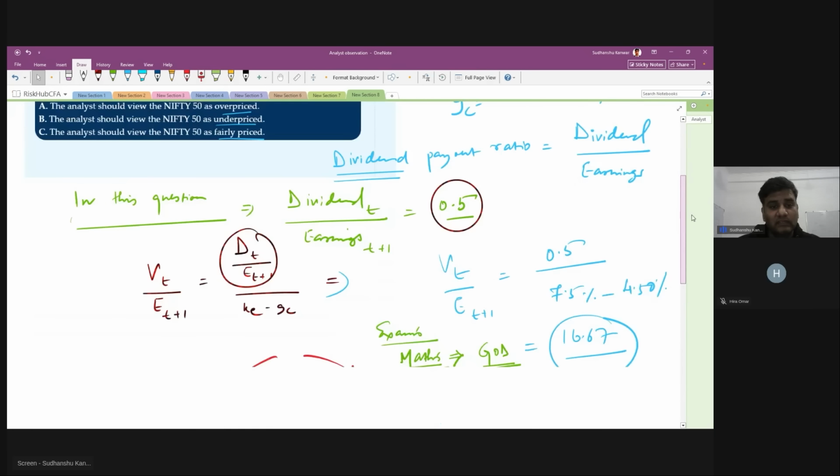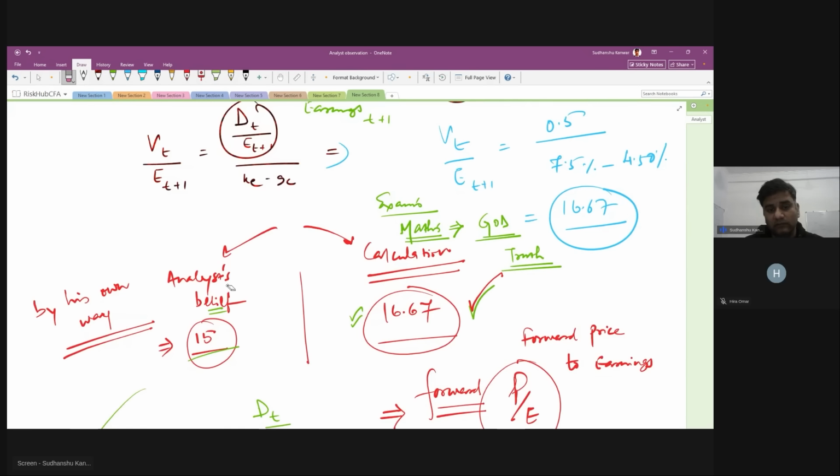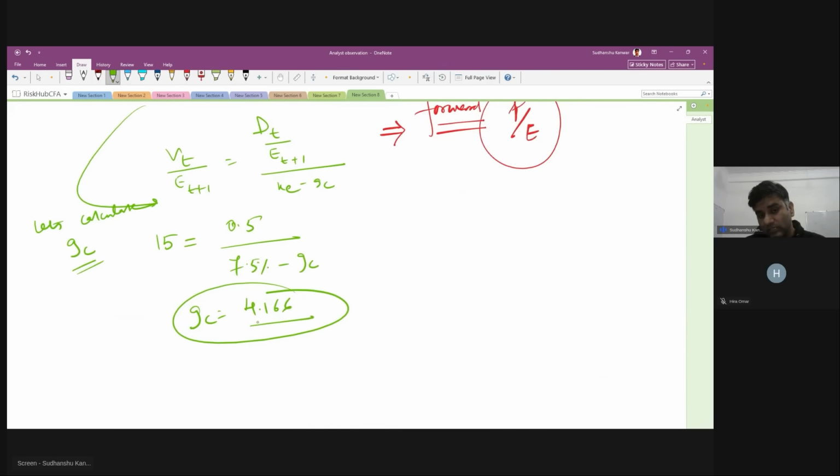I should not write belief, I should write observation, I think that is a better word. In 15, the growth rate of dividend is 4.1667. When he did the maths, the GC came out at 4.50.